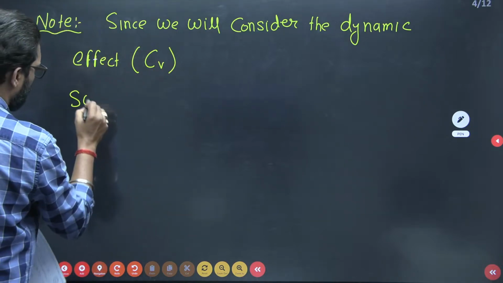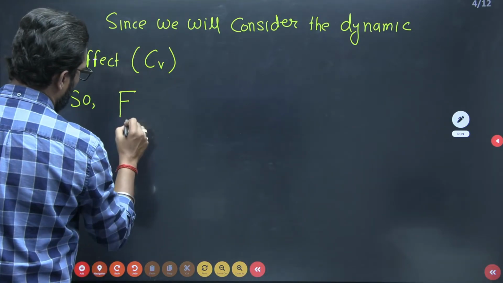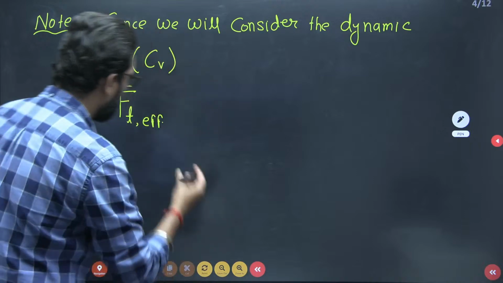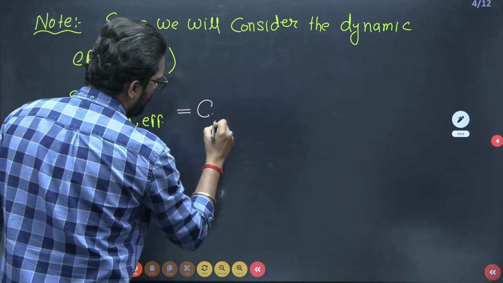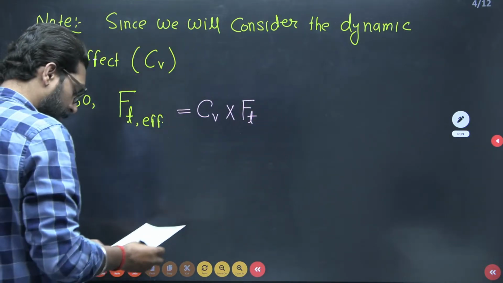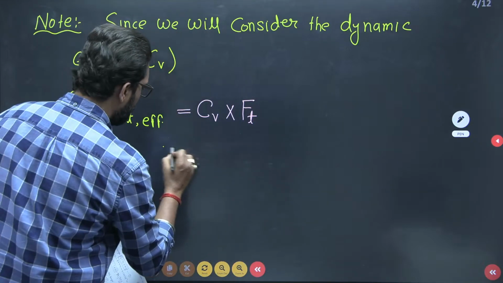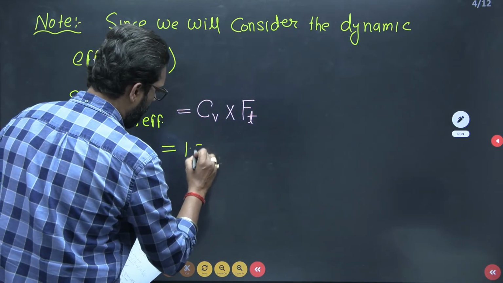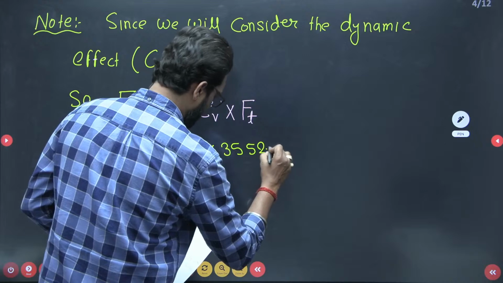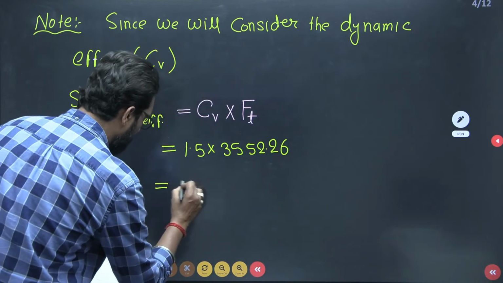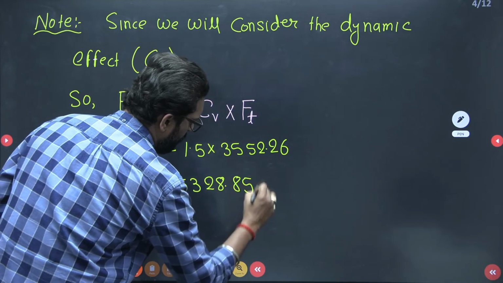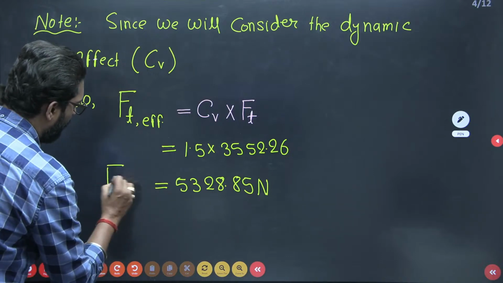So Ft effective is how much? Cv into Ft. Put this value here. What is Cv? 1.5. What is Ft? 3552.26. So it is 5328.85 Newton. This is your Ft effective.